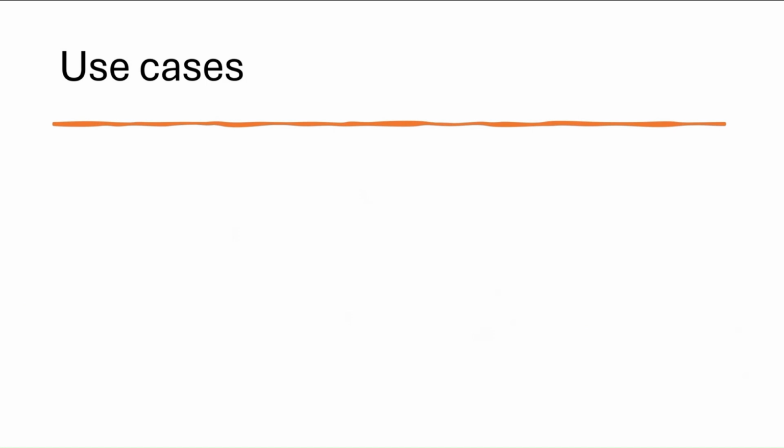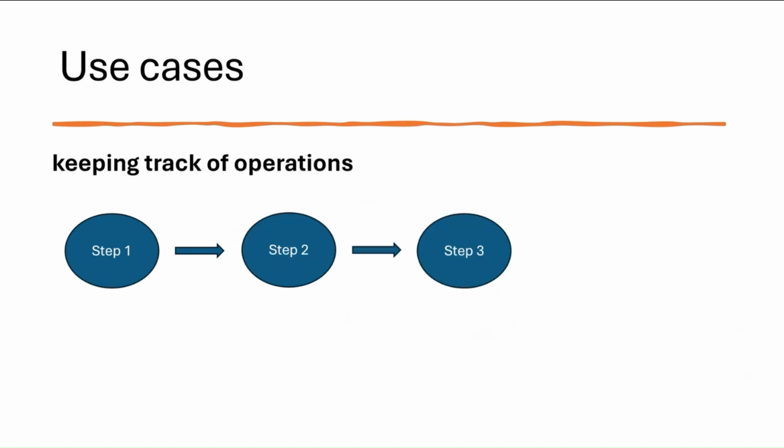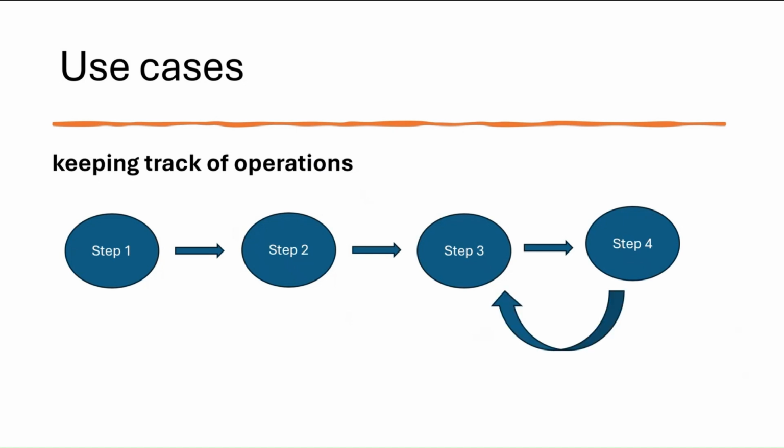Now coming to the use cases, right? So when should we use the stack? Or basically, what are the use cases where a stack is used today, right? Whenever we need to keep track of operations. For example, let's say you're doing step 1, step 2, step 3, step 4, and there is a requirement that you need to come back to previous steps also, right?